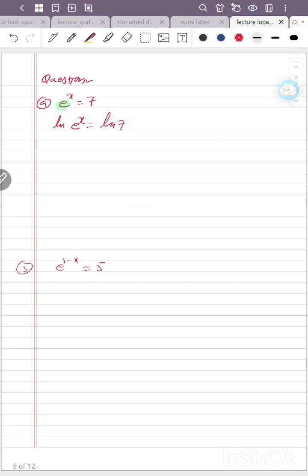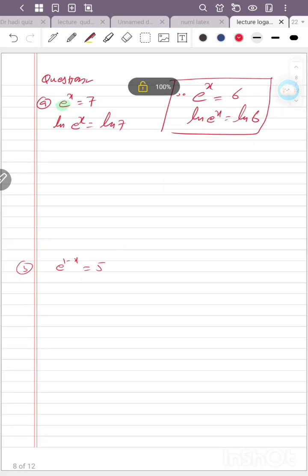The rule I have written: exponential with a variable power, you take natural log both sides. You have to understand the concept. Here x is the power and the power will come to the start, because the logarithmic property is that the power will be multiplied by the log. x log of e equals log of 7.